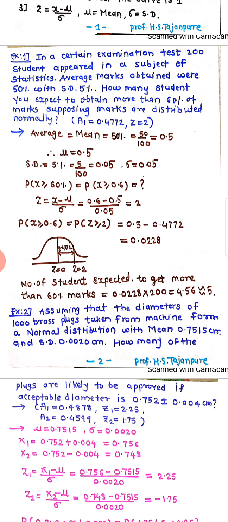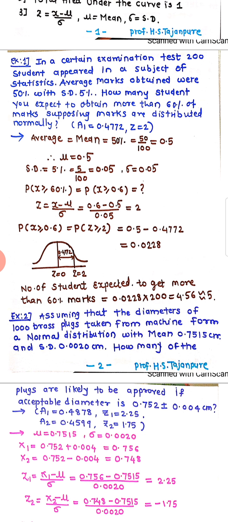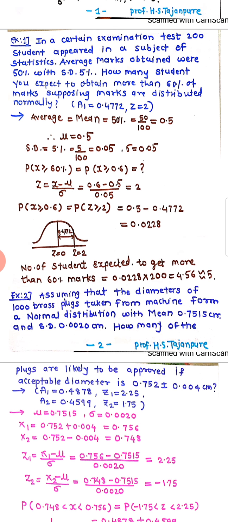Coming to the next step, the probability of x greater than or equal to 0.6 is equal to the probability of z greater than or equal to 2. We have converted the value of x in terms of z. Now we have to find the area which lies above z equal to 2. We know that the total area is 1, so half of the area is 0.5.